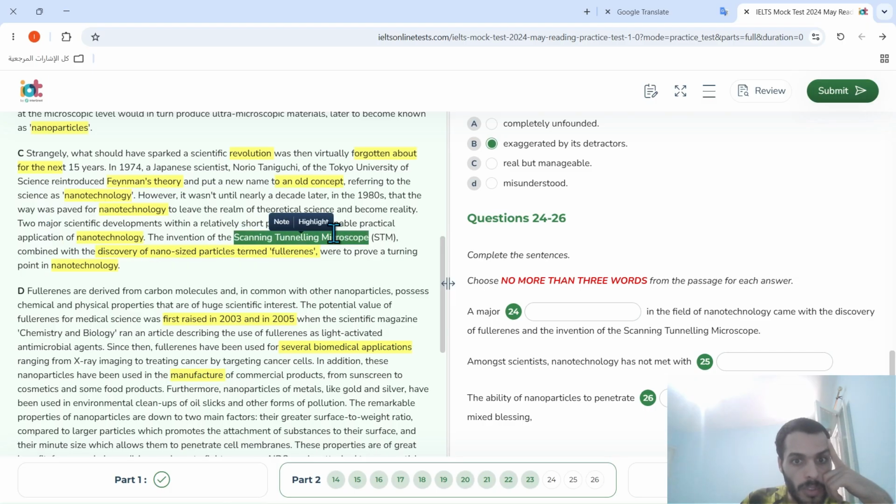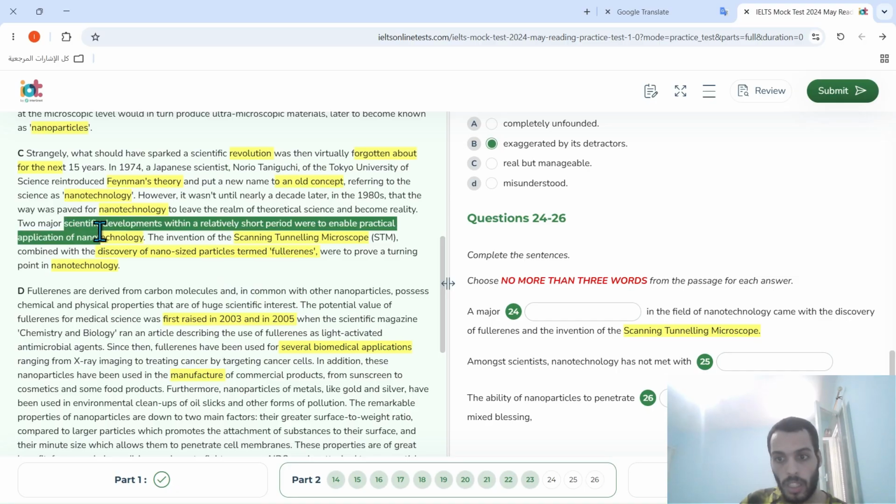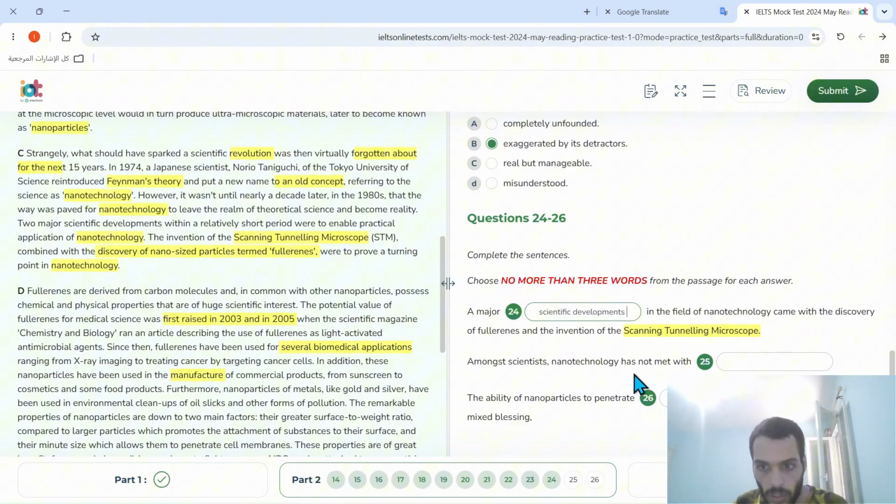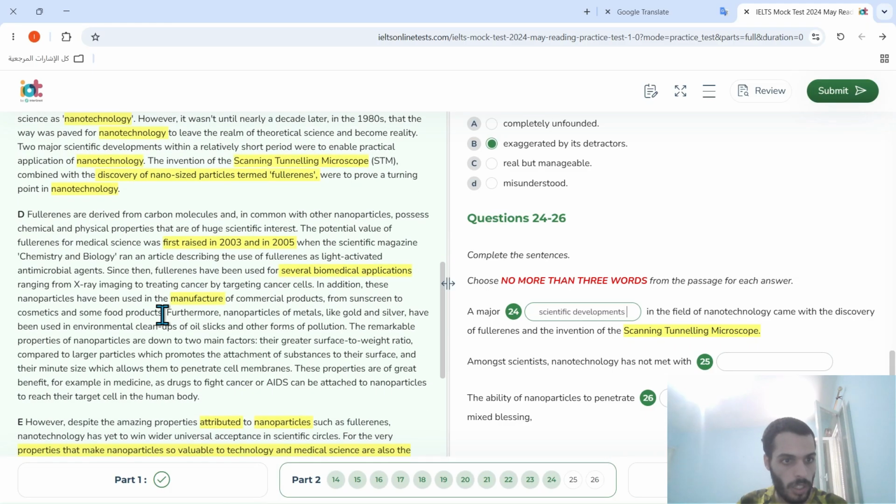Okay. Among scientists, nanotechnology has not met with acceptance.